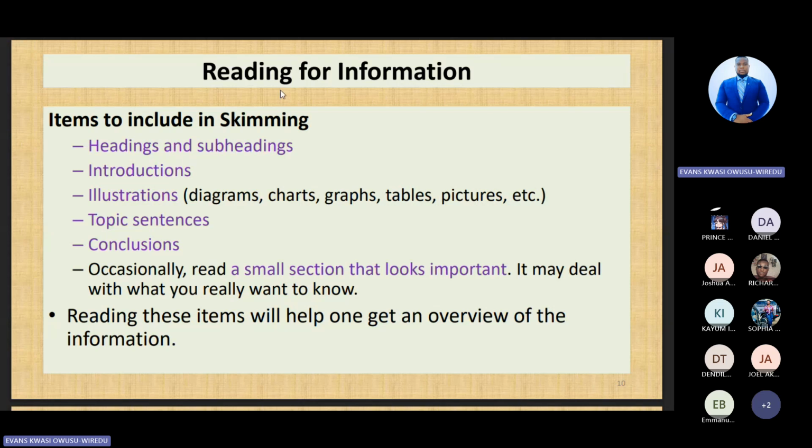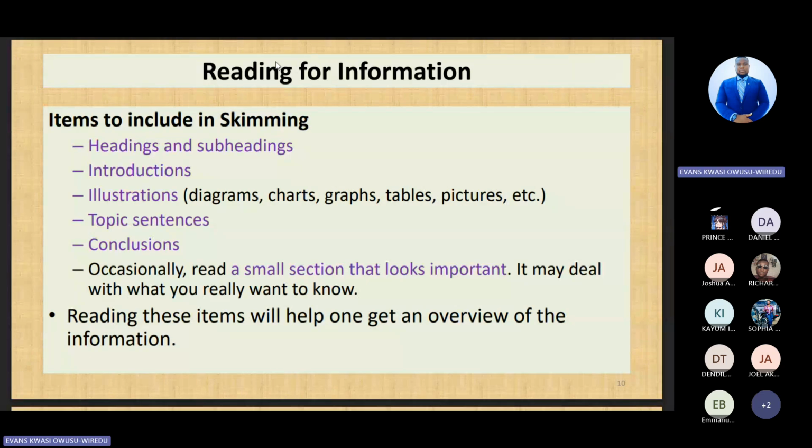All right. So reading for information, we are still on it. We are now enumerating the contents in skimming. When you are skimming, what are the actual things that we are looking at? We mentioned titles and subtitles.